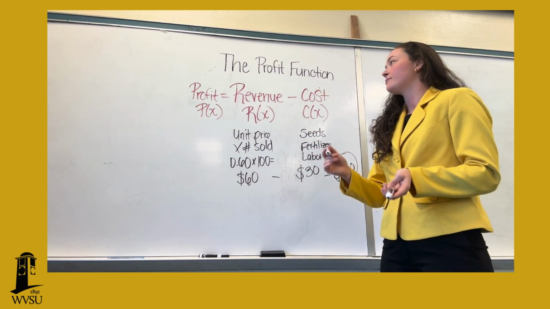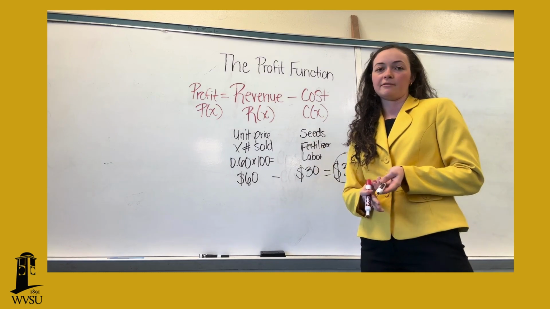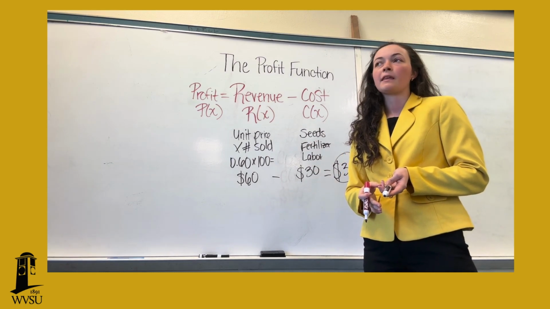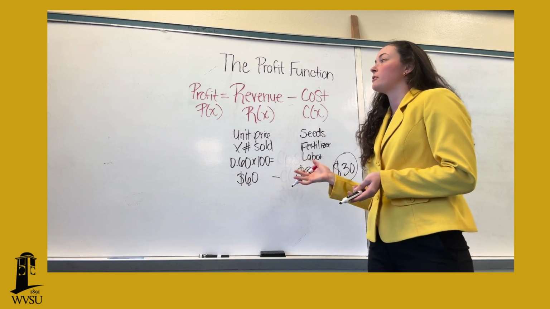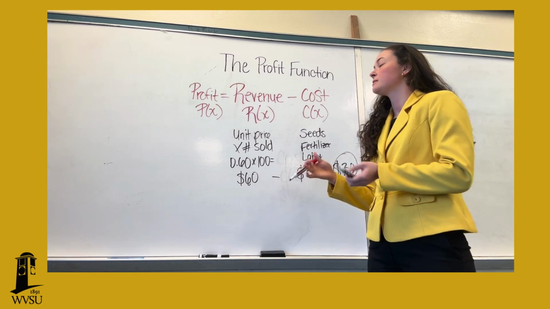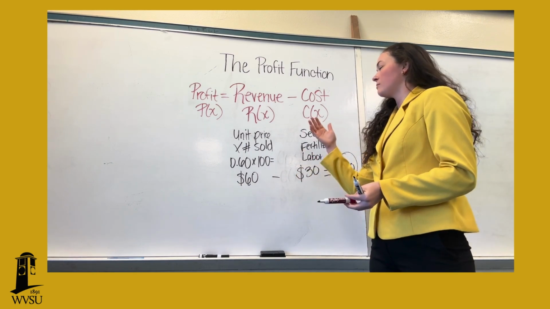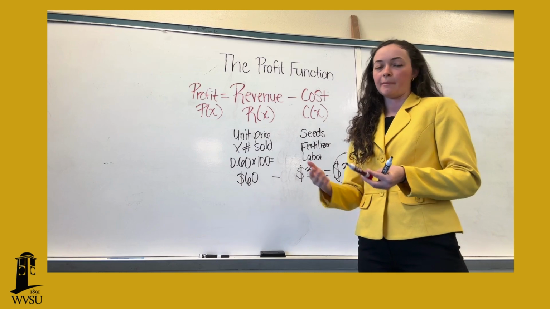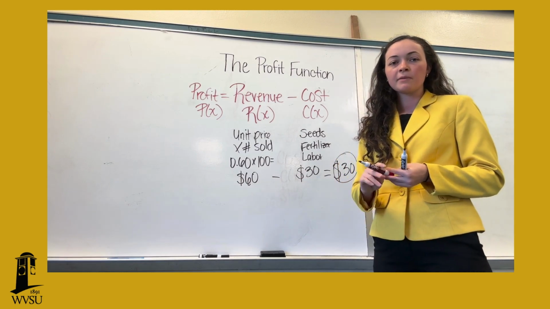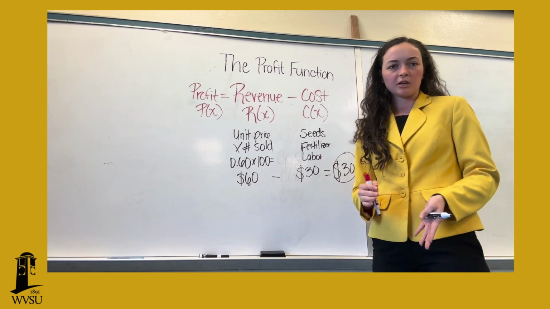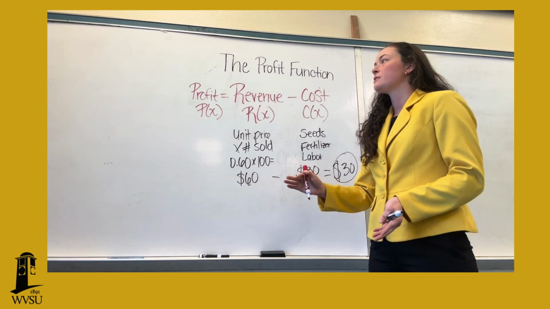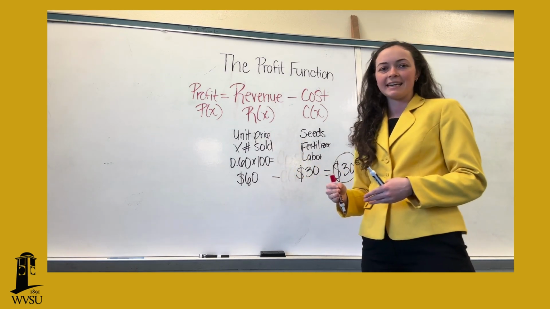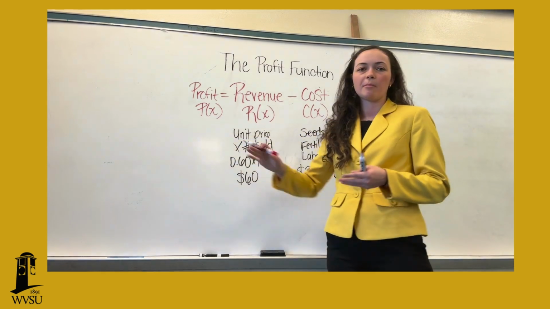We also have recurring costs that we have to take into account. And we can use this profit function to really help us decide how much we should charge for items, how many items we need to sell. And we can also use it, which we're going to talk about in just a second, to figure out how long it's going to take us to begin to make a profit.